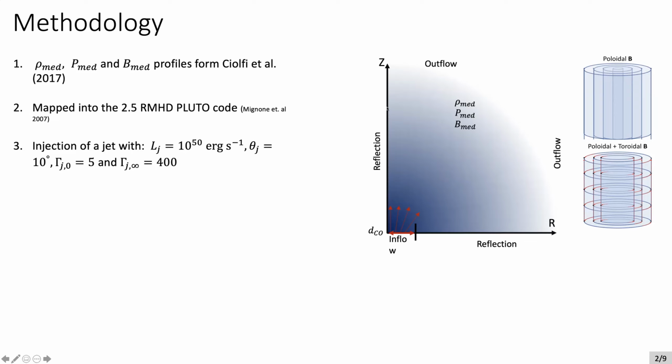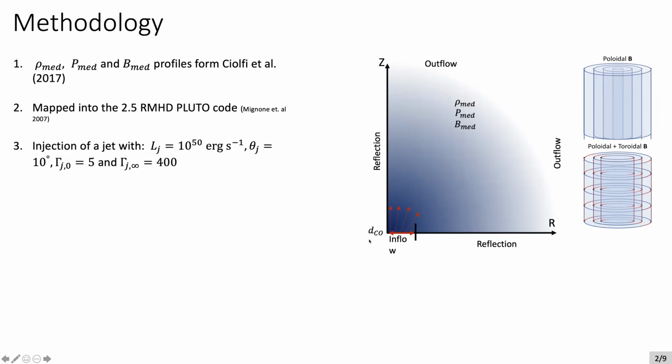Here we have a diagram in which we can see how the injection of this jet works. We have several boundaries, reflection and outflow for these two parts. Also, we can see that we have a distance to the compact object.